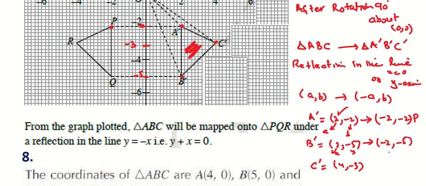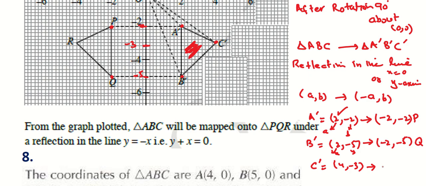Minus 5 is the previous value of b, so it remains as it is, just reversing the sign of the value of a. If it is positive, then it becomes negative; if it is negative, then it becomes positive. So the answer is (minus 2, minus 5), which is the coordinates of Q.